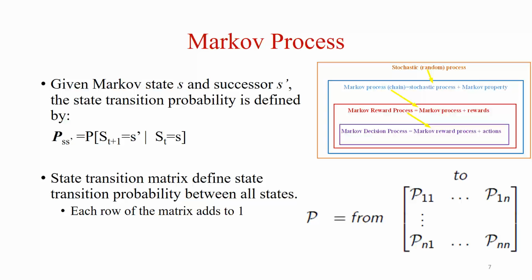The transition probability matrix can be represented by this matrix, where the rows are the states: from this state to this state, from this state to this state. One important thing: each row must add up to 1, which makes sense because you are indicating the probabilities of transitioning from a specific state. The sum of those probabilities must add to 1.